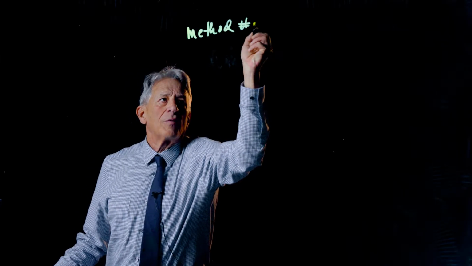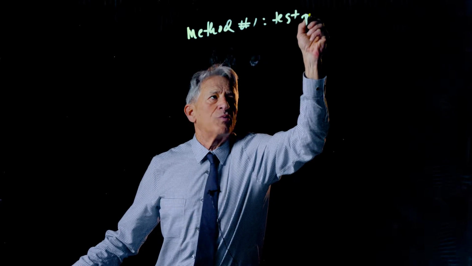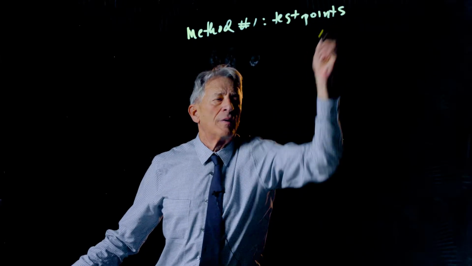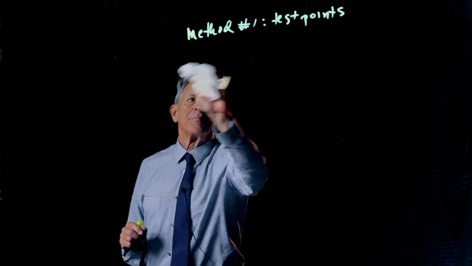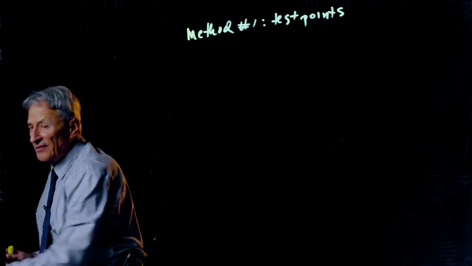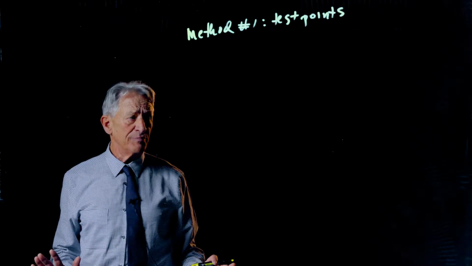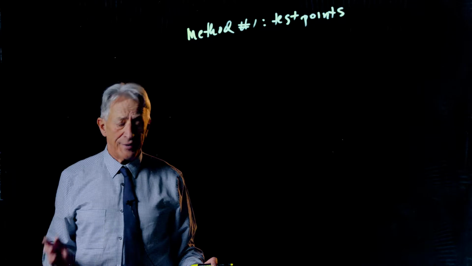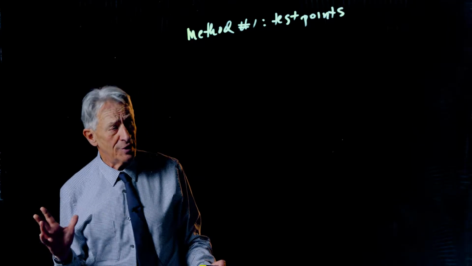And I'm going to call that method number 1, test points. But I now want to introduce a different way of finding the stability of equilibrium points in 1D. And it's much more powerful, and it generalizes to higher dimensions.